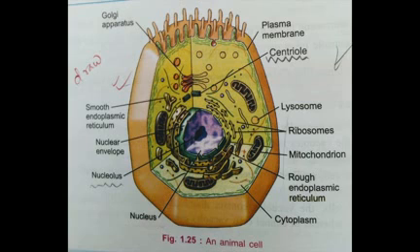It allows the entry or exit of some molecules in and out of the cell, and since it is selectively permeable, it also prevents the movement of some other molecules.